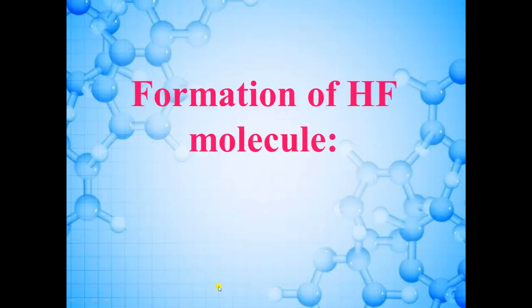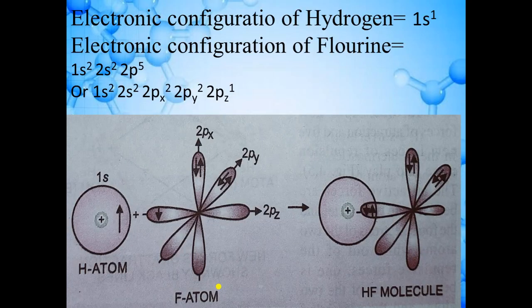Now we will take a second example, formation of the hydrogen fluoride molecule. Here the electronic configuration of hydrogen is 1s1 and the electronic configuration of fluorine is 1s2, 2s2, 2p5. You must know the electronic configuration of all the elements. Here you can see that 5 electrons are filled in the 2p orbital.